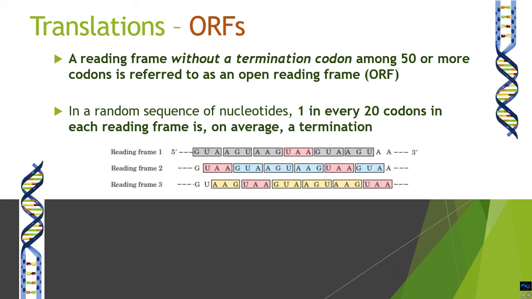If an example of an mRNA is given, we can read it in three different ways. So there are three different possibilities, and three different polypeptides can be generated from a single run of mRNA. However, this is not possible in nature because of the availability of a start codon.